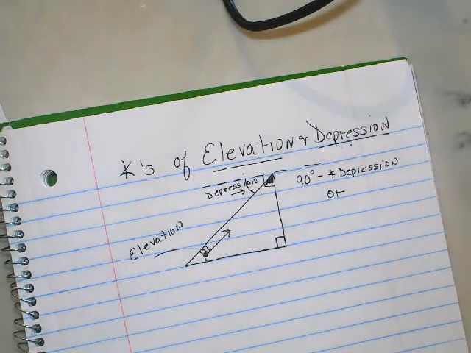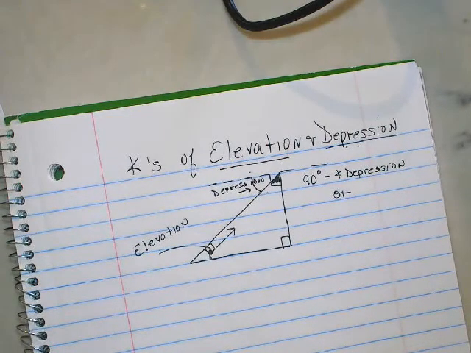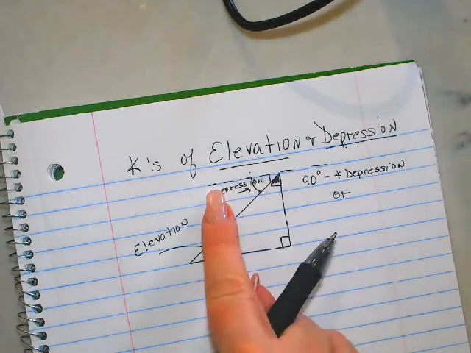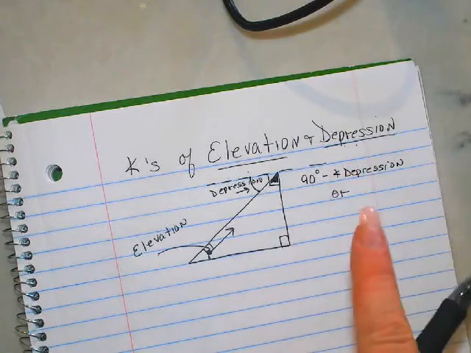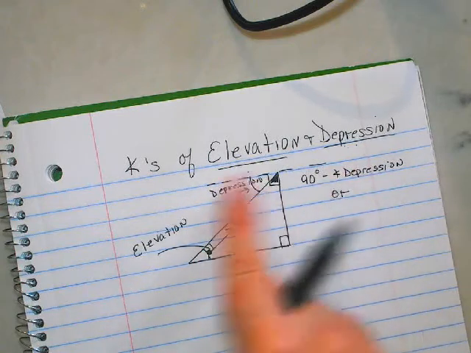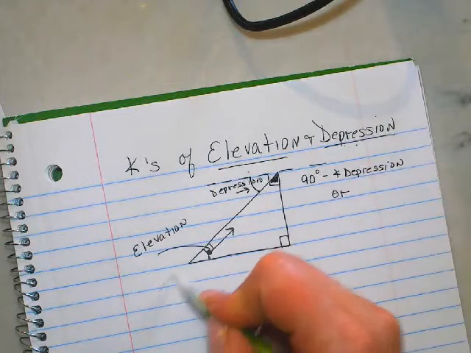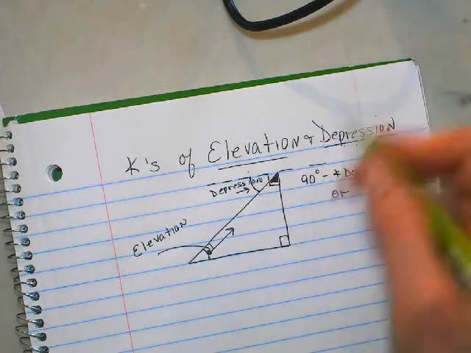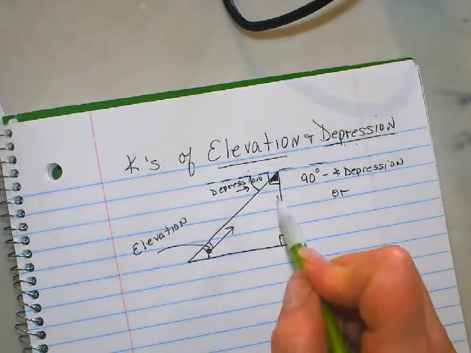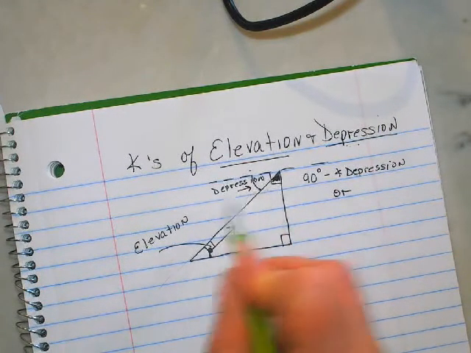Or, and I'm going to take you back a little bit, back to sophomore year, if you look at this triangle, you have a horizontal line here and a horizontal line here. They're both parallel to each other. Then they have this line that goes through this way. This is alternate interior angles.